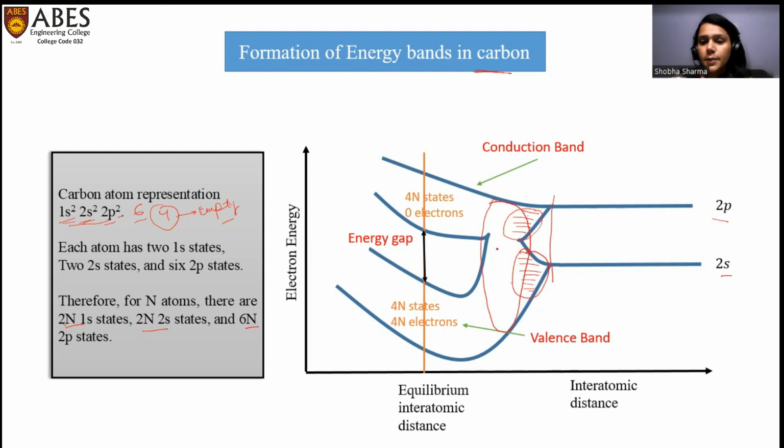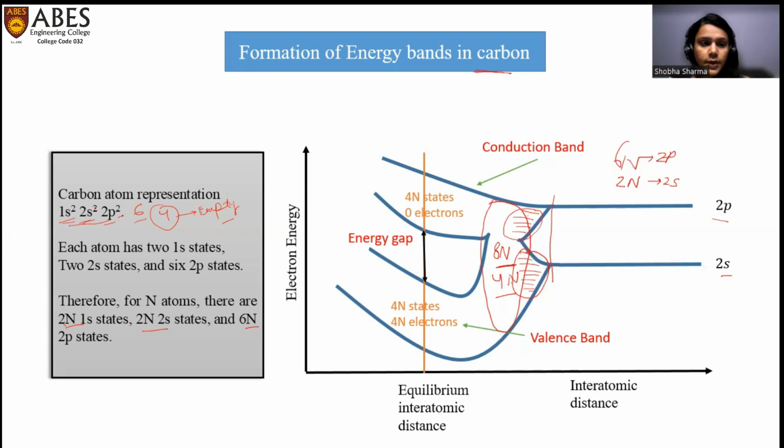In the single band, we have a total of 8n states: 6n 2p states and 2n 2s states. So in total, we have 8n states, out of which only 4n states are filled.